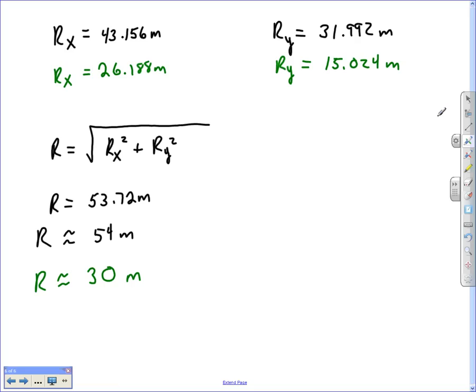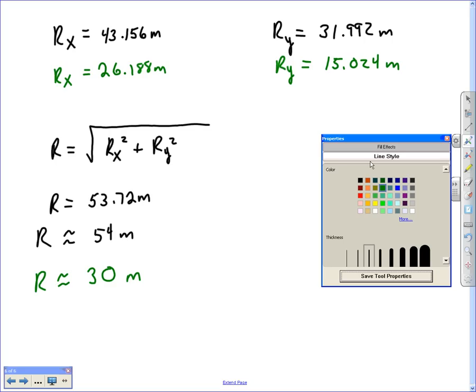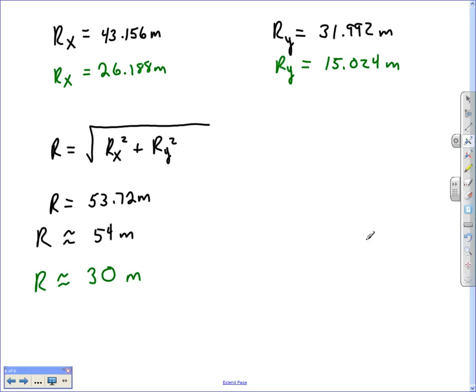Okay, so we're going to go ahead and now calculate the angles. For the first, the black method here that I'm doing for the 54 meters, the angle should have been, and I always use inverse tangent, of Ry over Rx, opposite over adjacent.